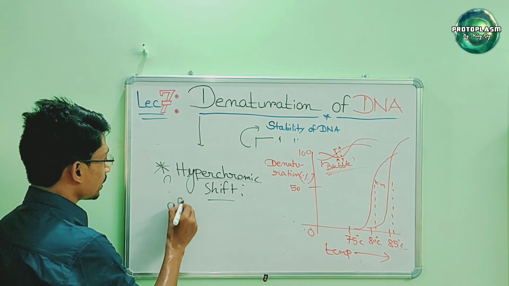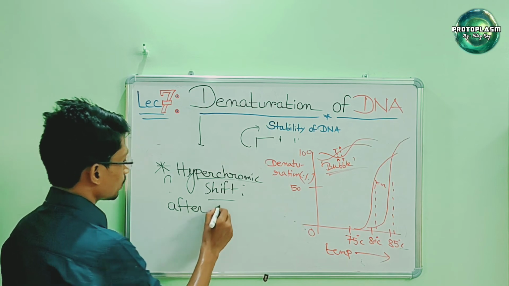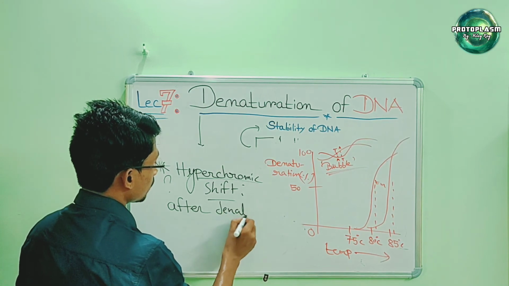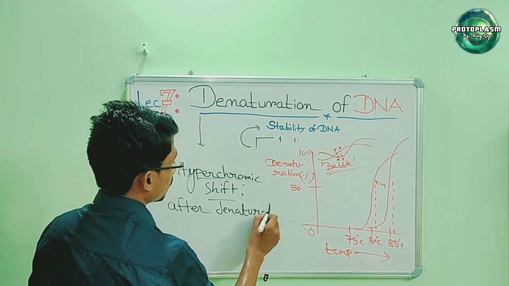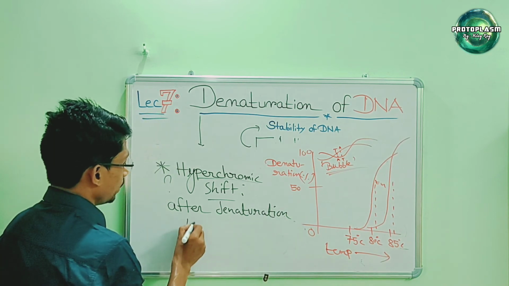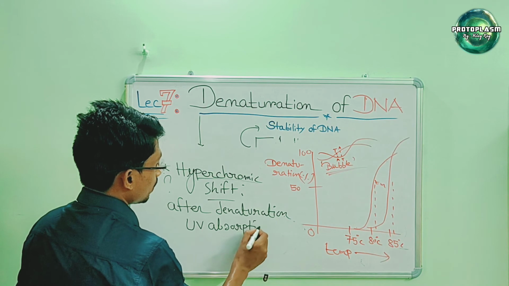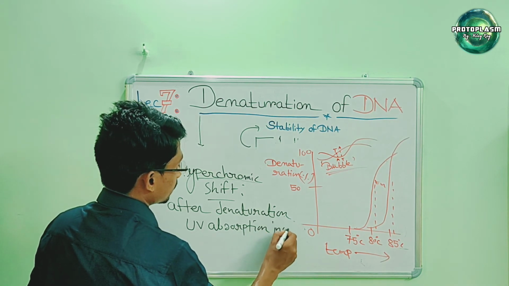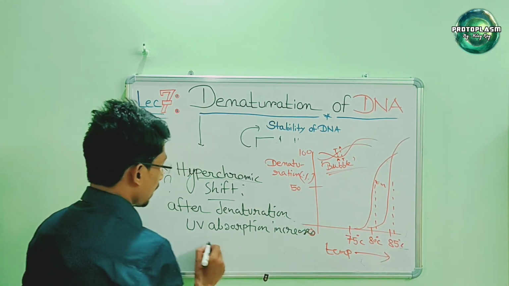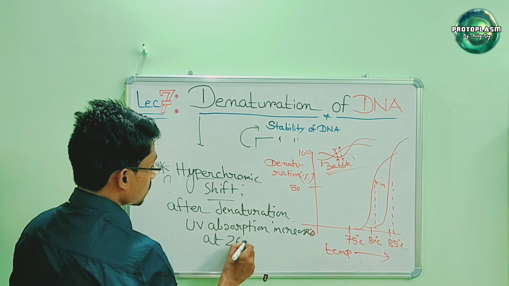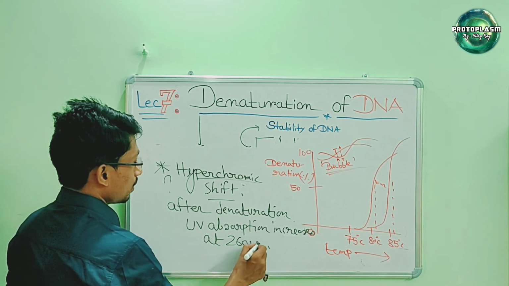After denaturation, UV absorption increases at 260 nanometer.